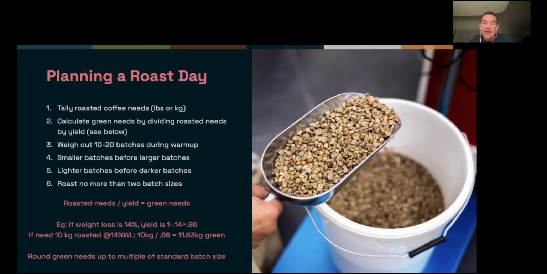And then it would tell you, oh, you need 11.63 kilograms of green coffee to end up at 10 kilos of roasted coffee. I won't go too deep into this. I'll just leave this as a reference for anyone who wants a guide that they can refer to when doing these calculations.